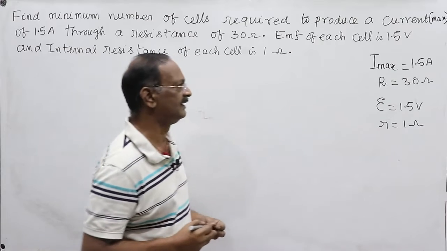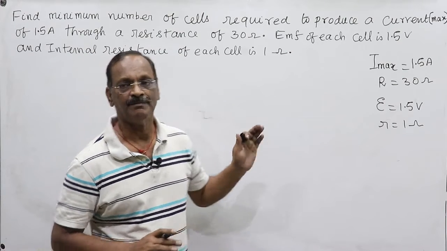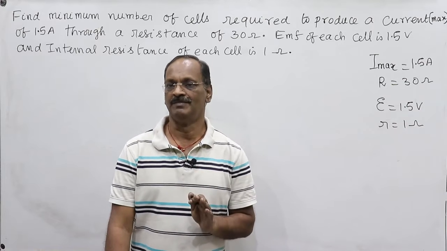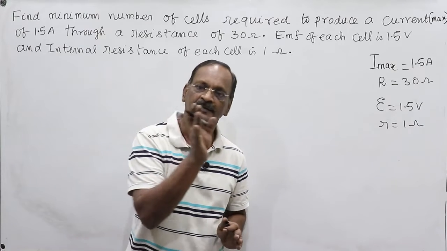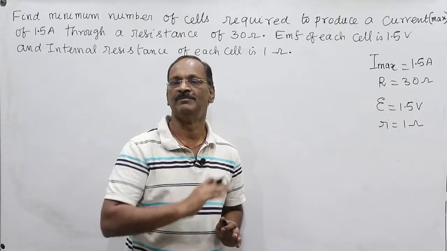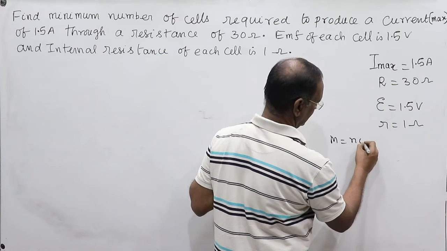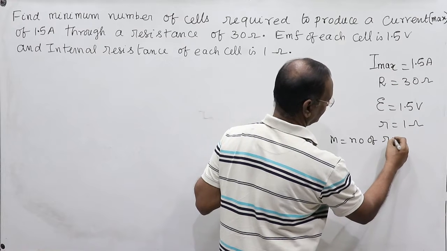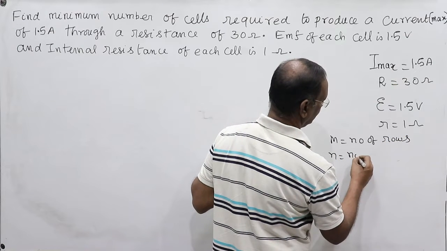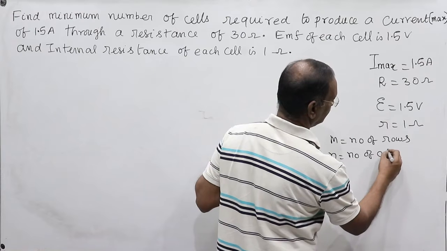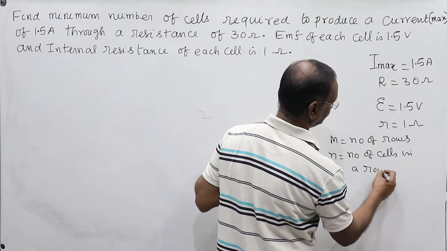So this is the given data. It is producing maximum current, and it is a mixed combination. Mixed combination means n cells in series with m rows, where m is the number of rows and n is the number of cells in a row.